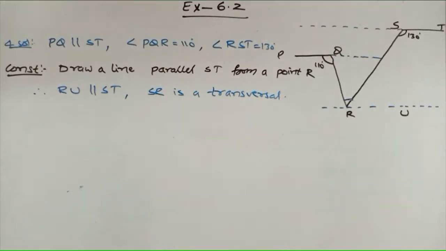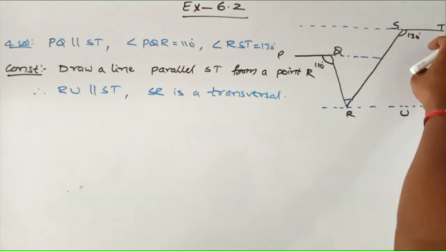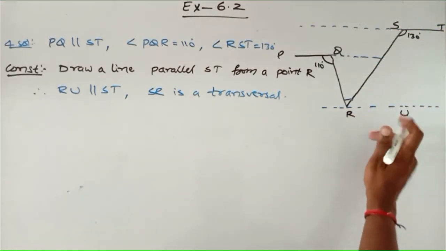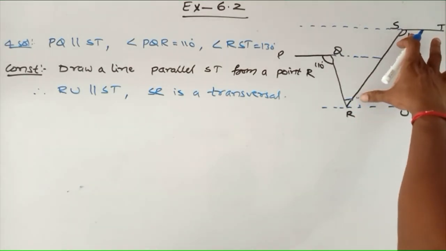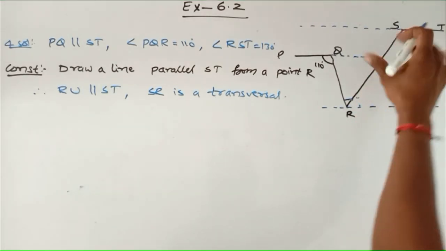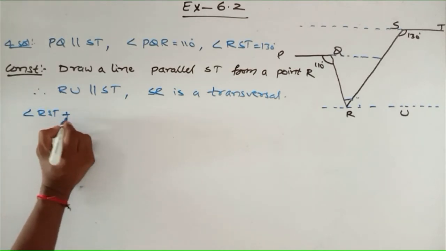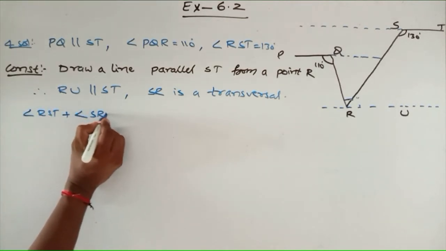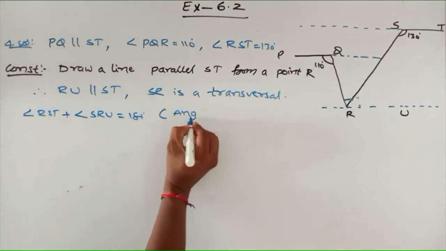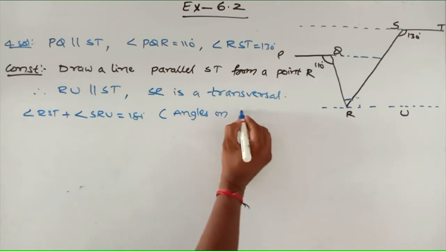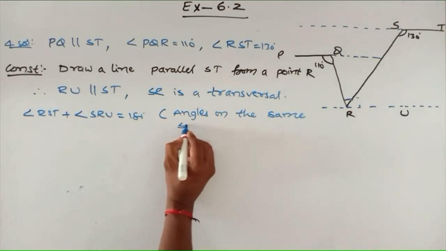So if SR is a transversal, then angle RST plus angle SRU is equal to 180 degrees, because angles on the same side of a transversal are 180.